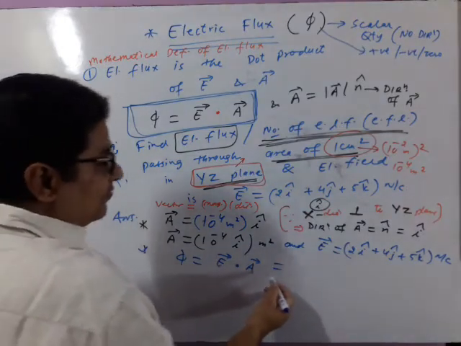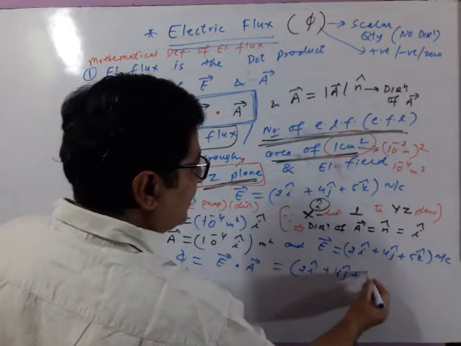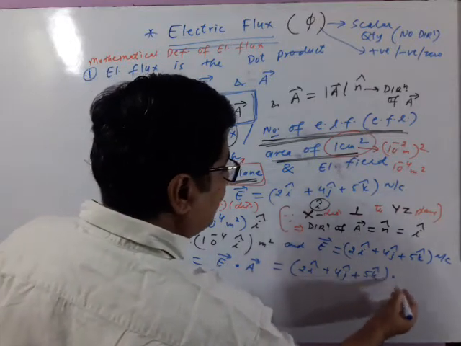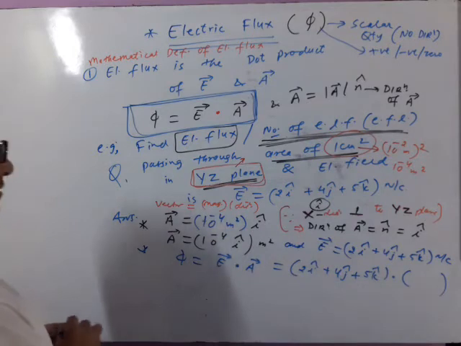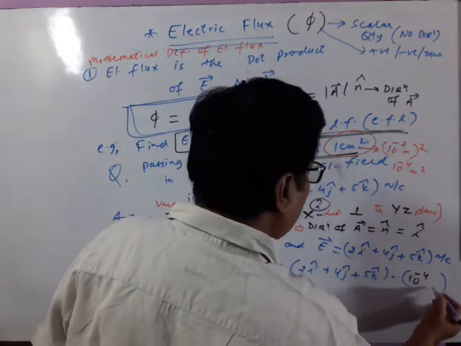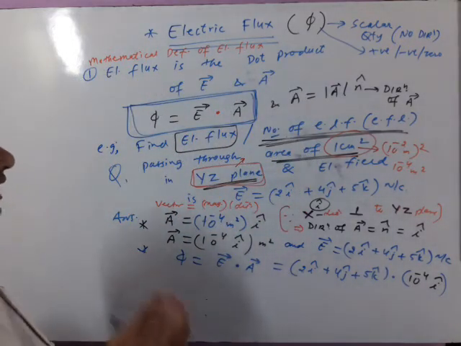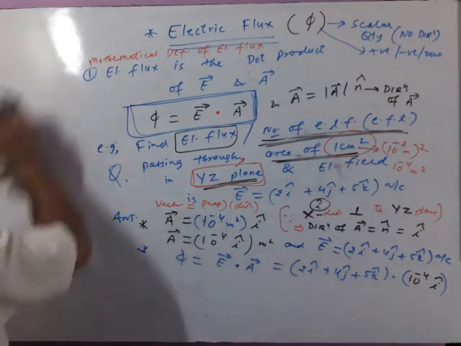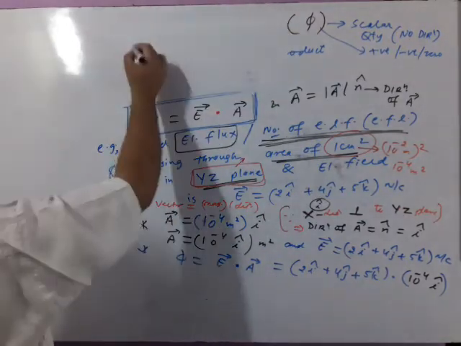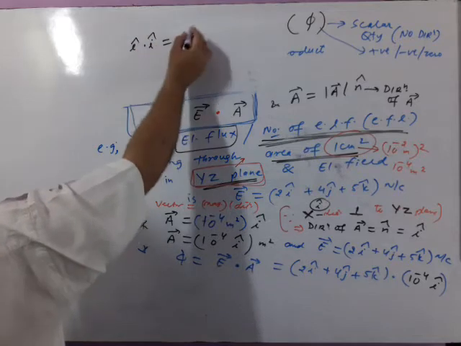So input the value of E vector, 2i cap, 4j cap, 5k cap, dot area vector. See, the area vector is 10 raised to the power minus 4 i cap. You know, from dot product, i dot i is 1. Remember this line.